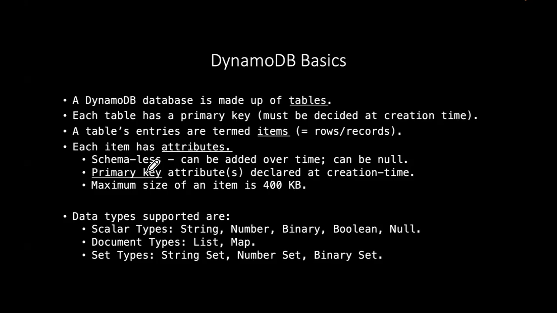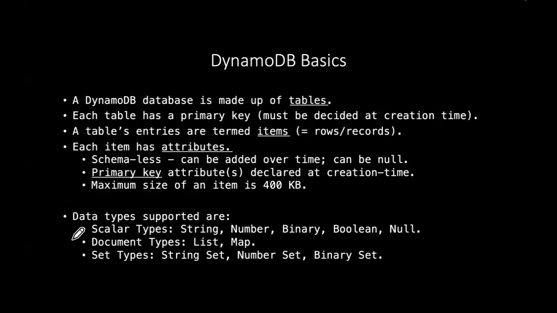That would kind of make sense as well. So we have the notion of the primary key attribute or attributes, maybe more than one. And then we have the non-key attributes that make up a particular item. Maximum size of an item is 400 kilobytes. Okay, so there is an upper limit.